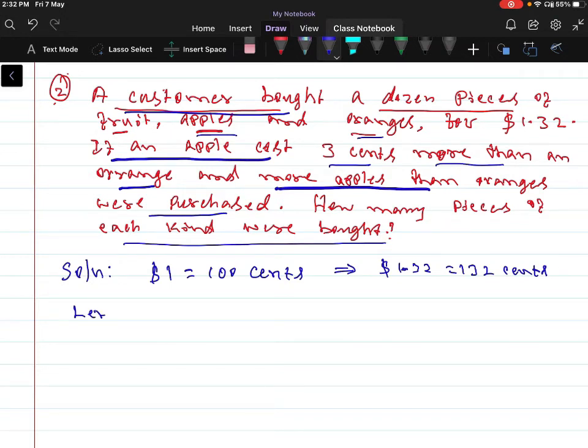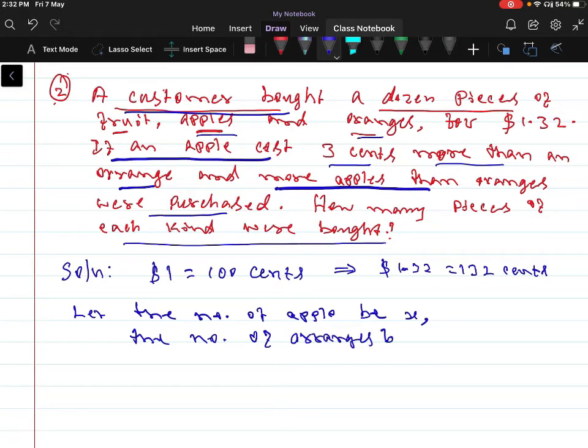Let the number of apples be x, the number of oranges be y. You have taken x as the number of apples we purchased and y as the number of oranges purchased.